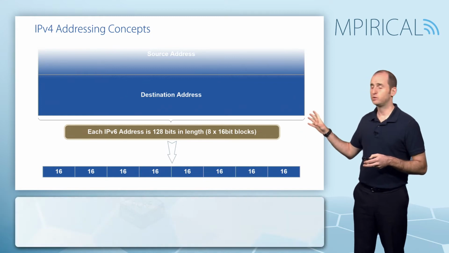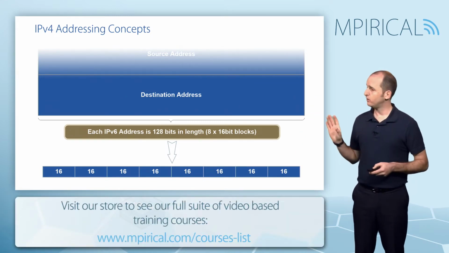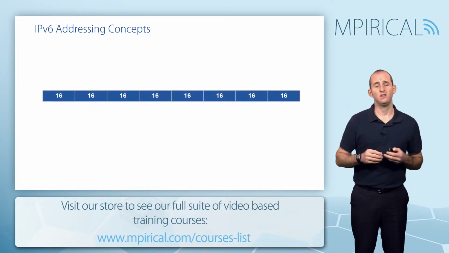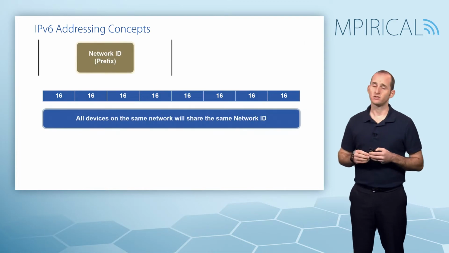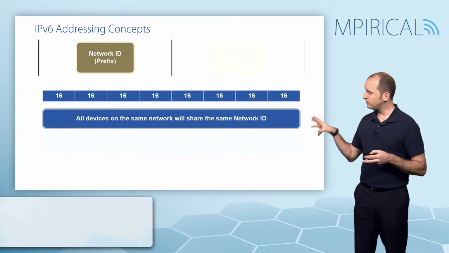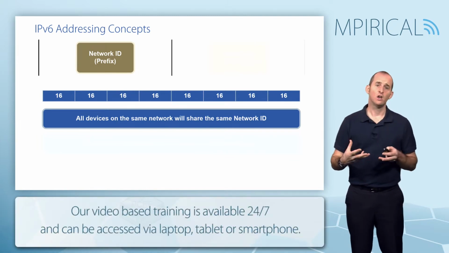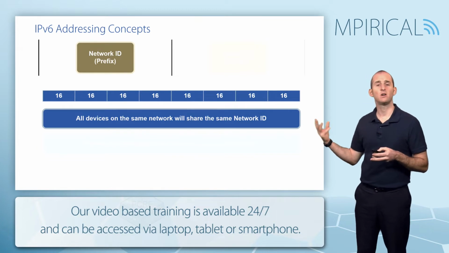So as a consequence, we have 8 16-bit blocks. Now, just like in IPv4, part of this address is going to denote a network ID or a prefix. And all devices on the same network, just like in IPv4, will share the same network ID.